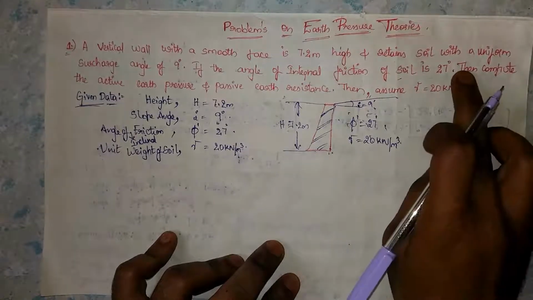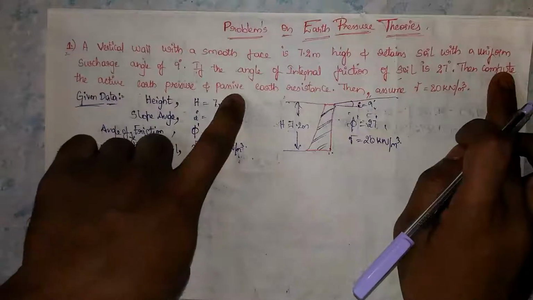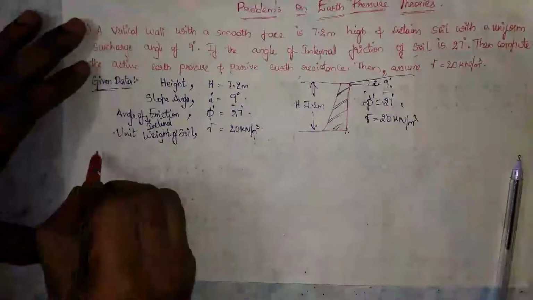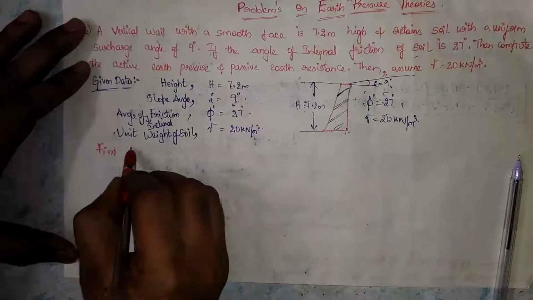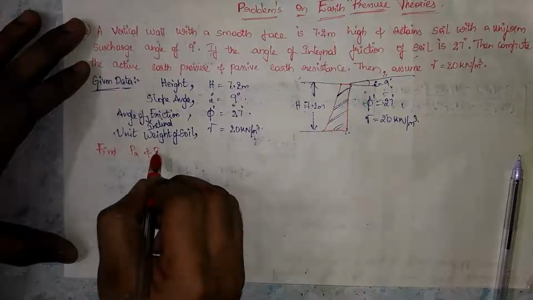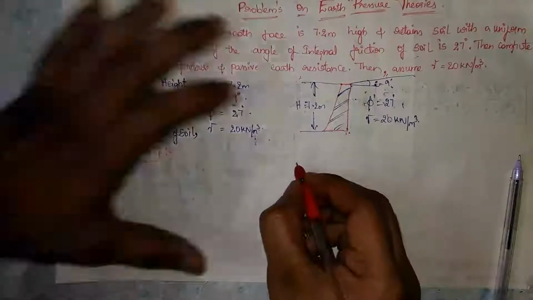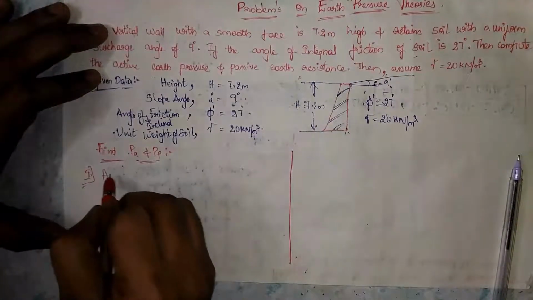Now compute the active earth pressure and passive earth pressure. What he told is: find PA and PP. First, active pressure.